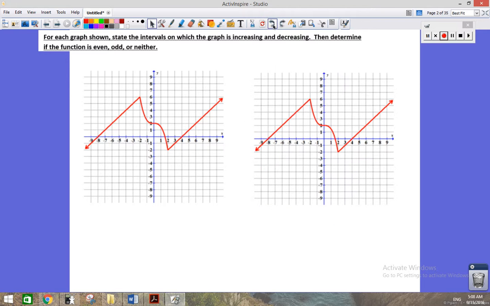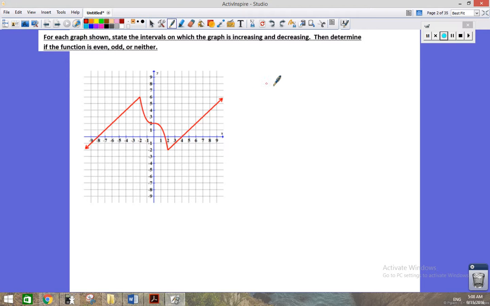Now the algebraic definition, we could apply that here as well. If you look at two x values that are equal and opposite to each other, are the y coordinates opposite of each other? So if I look, say, at this point that has an x of 2 and the output here is negative 2, if this is an odd function, then I would expect to also see that the opposite of 2 is negative 2 and the opposite of negative 2 is positive 2.